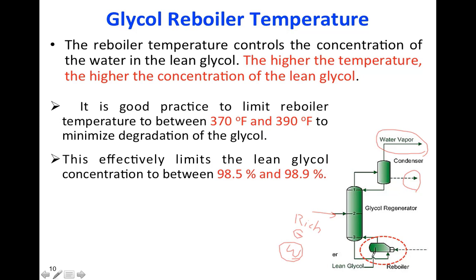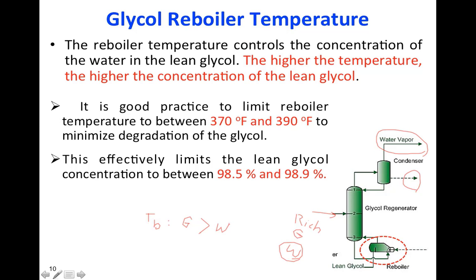And at the bottom I will have more glycol. Just for your information, glycol has a higher boiling point than water. That's why glycol will be collected mainly at the bottom of the distillation column, where we have the reboiler, and water will be collected at the top.